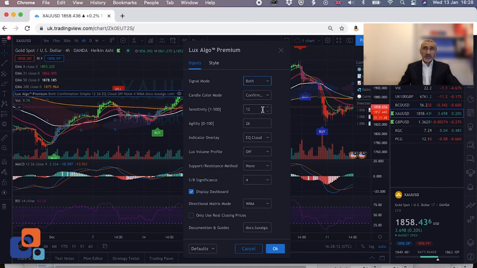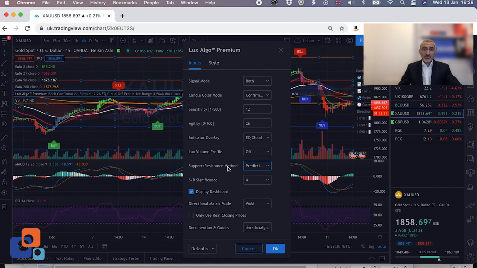Then the support and resistance, I want to actually see the predictive range. So up one, maybe, where is it? There it is. Okay, up. And then I will choose the predictive range. This is very handy.